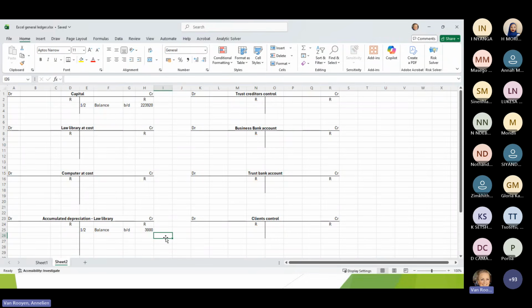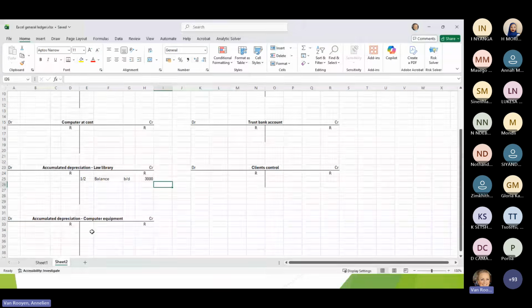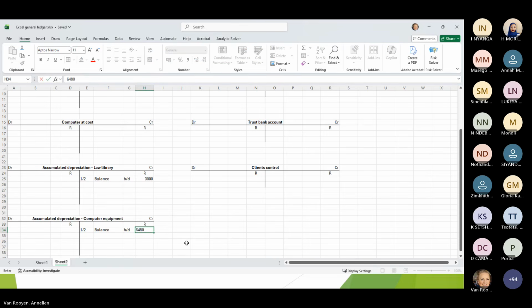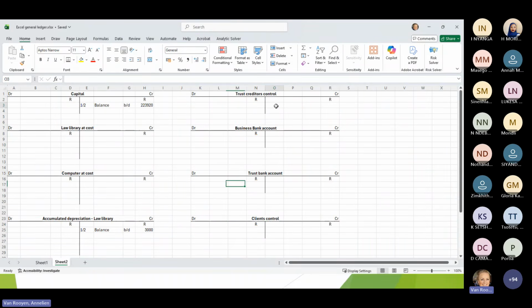The next one is accumulated depreciation, computer equipment. Again, on the 1st, balance brought down, 6,480. Trust creditors control, balance brought down, 2,520.